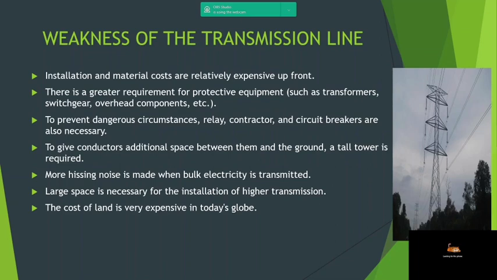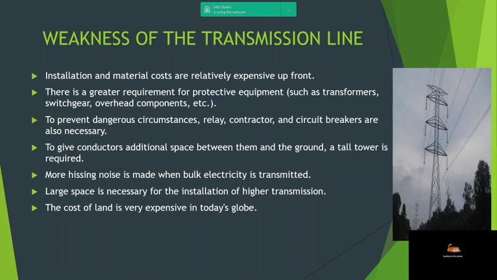For the first one, we know that if we want to build the transmission tower and all of the components in the transmission line, we need a huge amount of money, a huge cost, relatively expensive upfront.